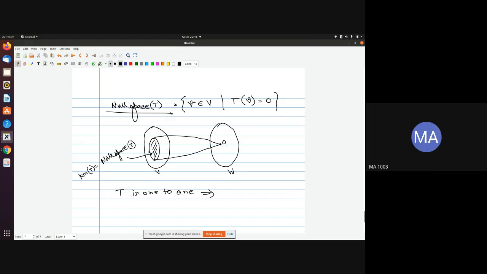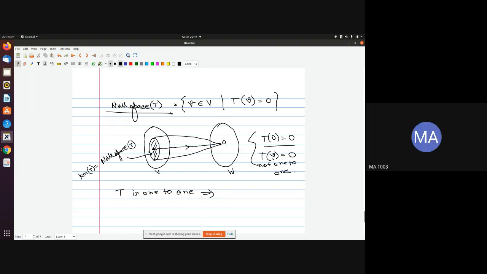So observe that 0 is always going to 0, right? Now, if there exists some other element which is going to 0, then this is not 1 to 1, correct? T of 0 is always 0, right? If there is some other element V, T of V going to 0, then V is inside the null space, then this is not 1 to 1, right? Yes.